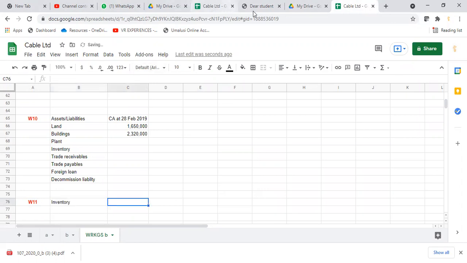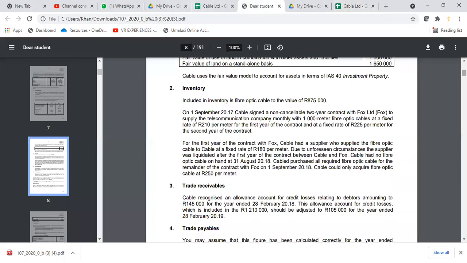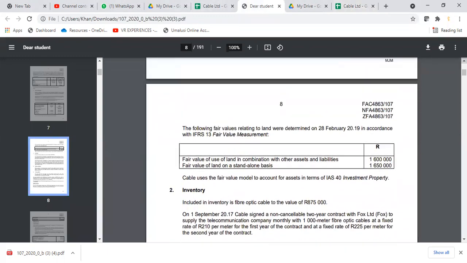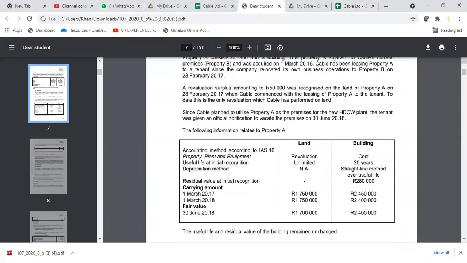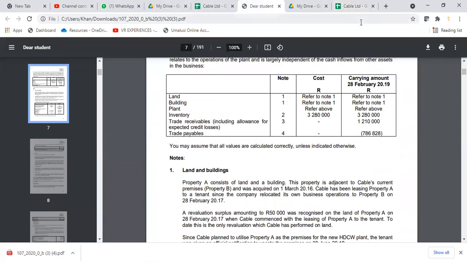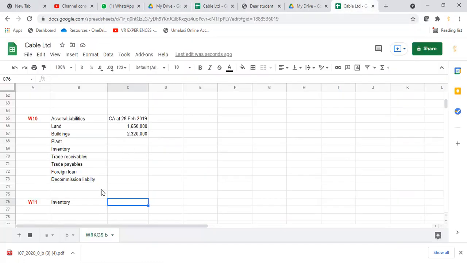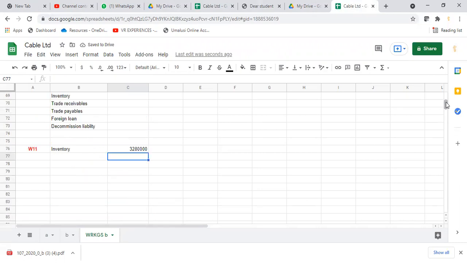Inventory is 3280. But we know there's an adjustment we need to make. The adjustment is that we're making a loss, so we adjust for the loss.